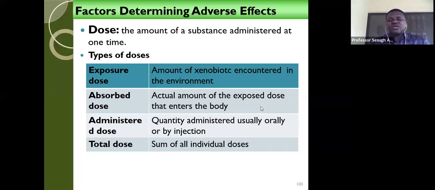Or you want to do a study to understand the response of a rabbit and rat, where you administer a known dosage, a known quantity of the chemical. Then you have the total dose. The total dose is the sum of all the individual doses. So these are the types of doses that we have.